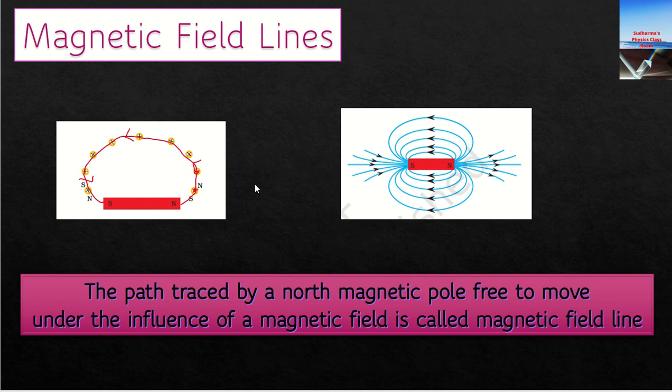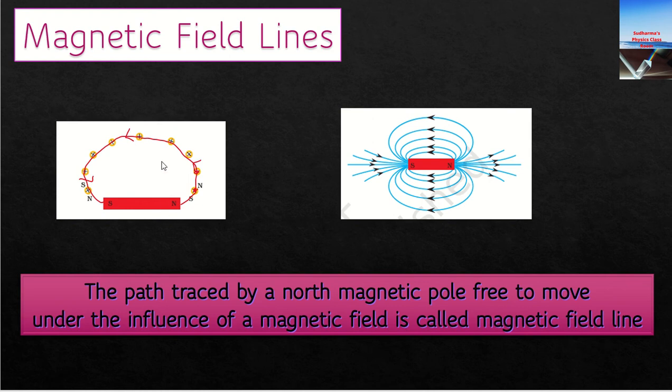And always you can see that the magnetic field lines are from north to south. Okay, the path traced by a north magnetic pole free to move under the influence of a magnetic field is called as magnetic field line. So why is the statement like that? See, it's a path traced by a north magnetic pole free to move under the influence of a magnetic field.